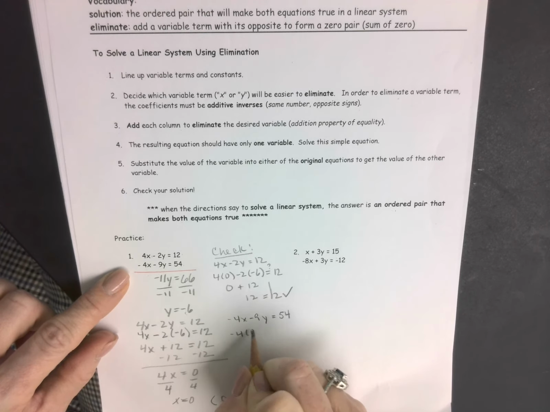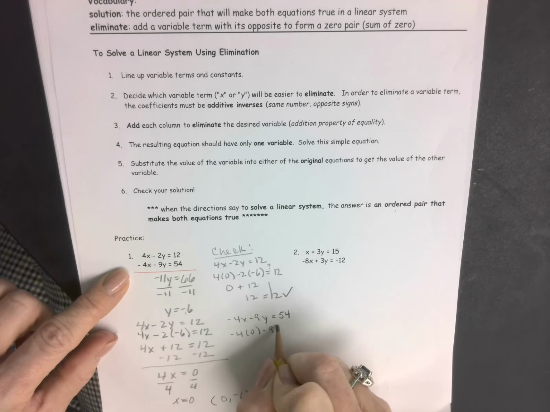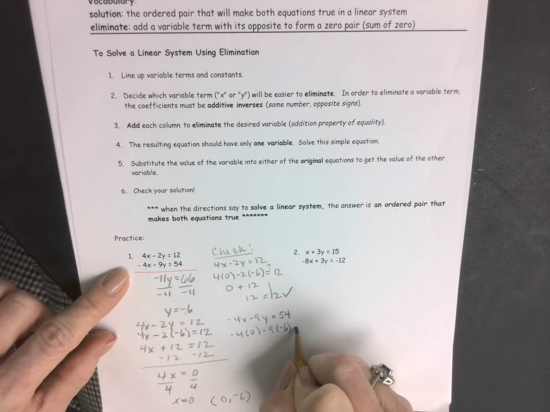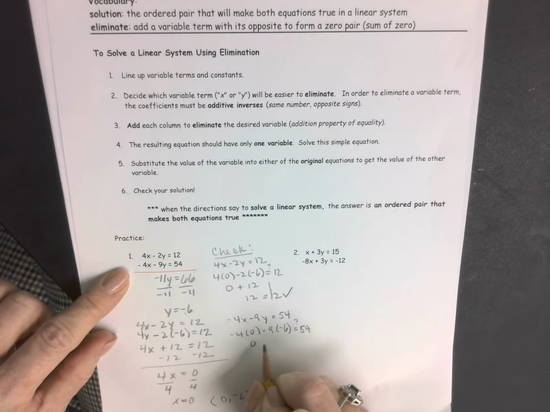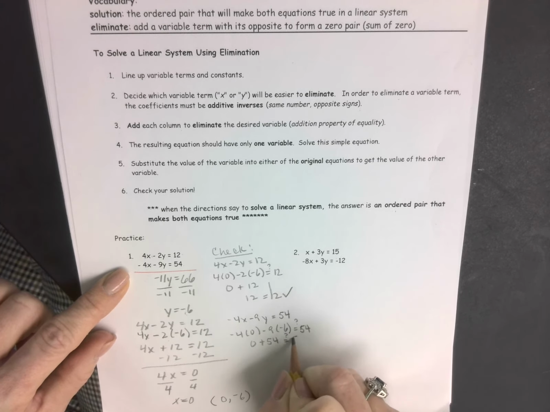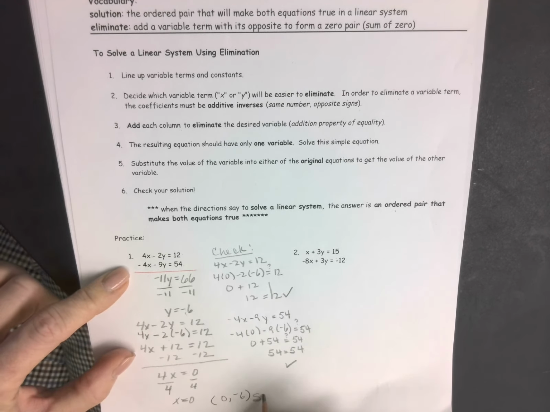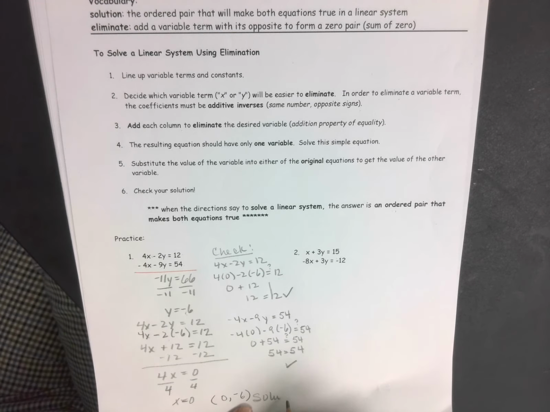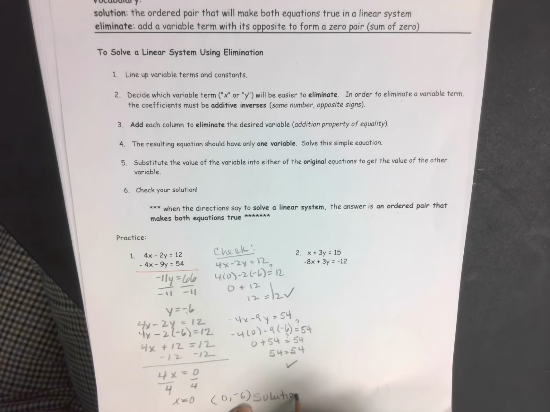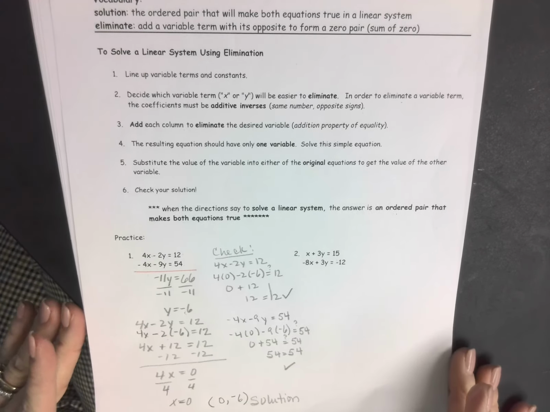Negative 4 times 0 minus 9 times negative 6, does that equal 54? And we get 0 plus 54. Is that equal to 54? And yes, it is. So when x is 0 and y is negative 6, both equations are true.